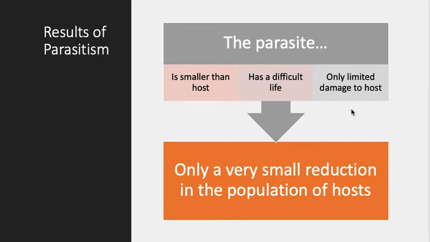Why? Because if it did, it would lose its place to live, it would lose its source of food. So overall, the effect that the parasite has on the population is only a very small reduction in the population of the host, because it tends not to want to kill it and get rid of its own home.